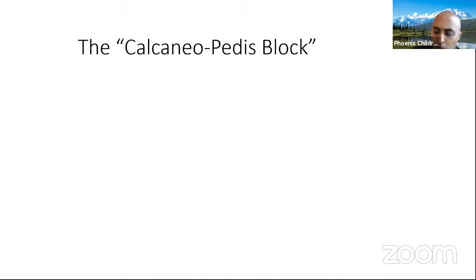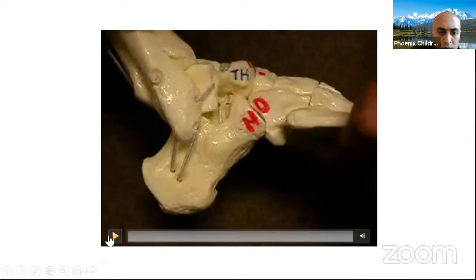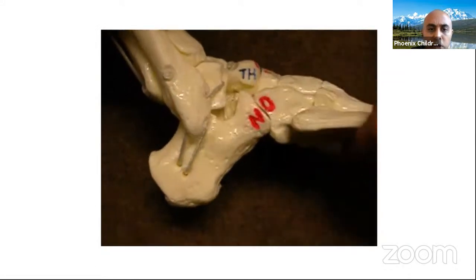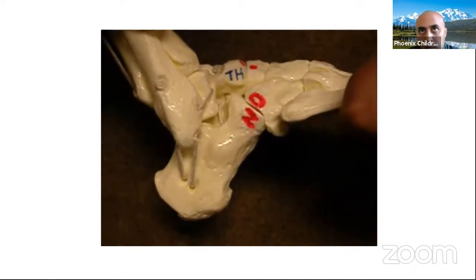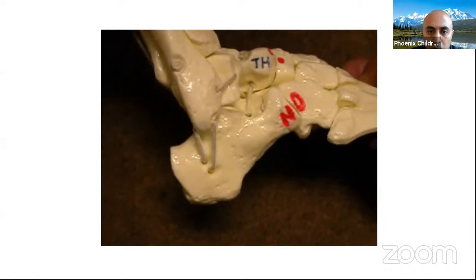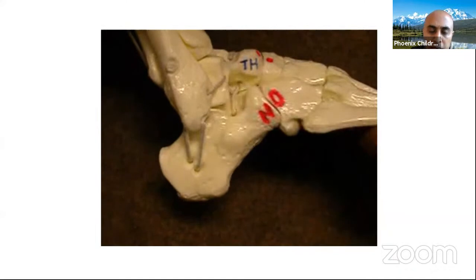Another important principle is called the calcaneopedal block. As you might have noticed here, the whole foot, including the calcaneum, moves under the talus. So you hold the talar head, where it's marked TH on this model, with your thumb, and the rest of the foot moves under it as shown.